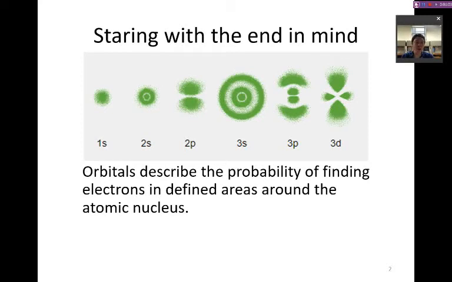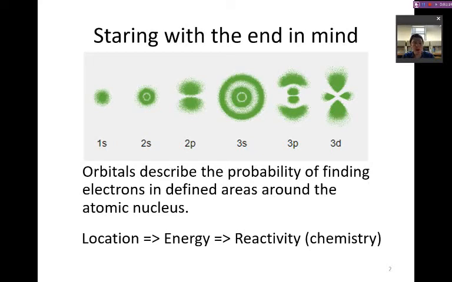Therefore, we can't just say where the electron is and describe it as one specific location. We can only talk about the probability of finding it in a given location because it's behaving as a wave. But once we can talk about its relative location, we can talk about the energy and the reactivity.